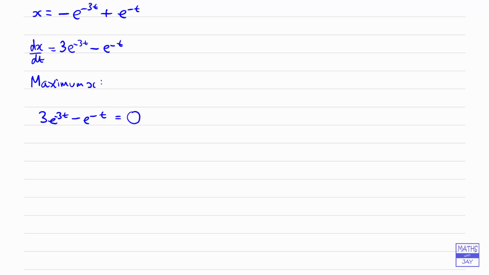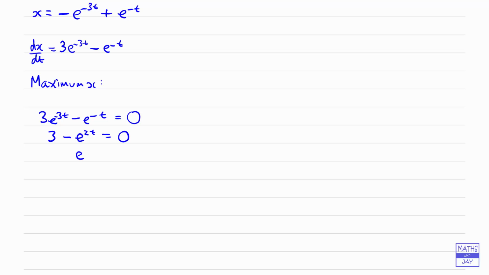So what we want to really do is just have the t in one place. So if we multiply everything by e to the 3t, that will work, won't it? So that we'll get 3 there, and then 3t minus t will be 2t, so that will be e to the 2t there, and that will be 0. So we've multiplied each term, both sides of the equation, by e to the power of 3t.